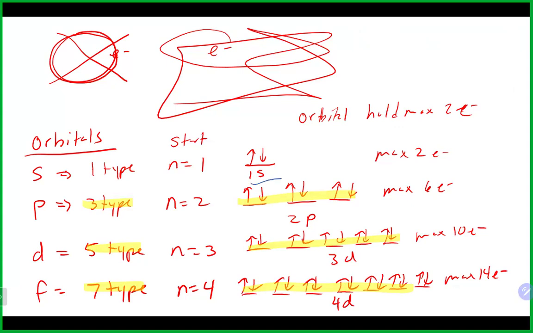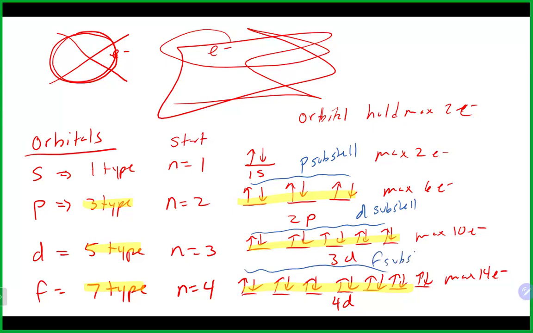So all of these together is the p subshell, or sublevel. This would all be the d subshell. This would all be the f subshell, right? We don't usually use the word subshell with s since there's only one orbital.